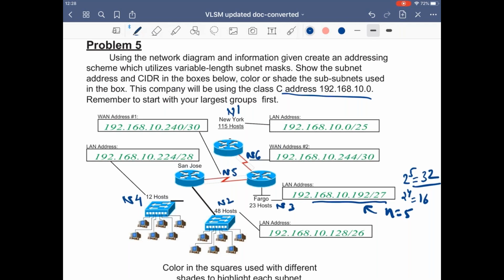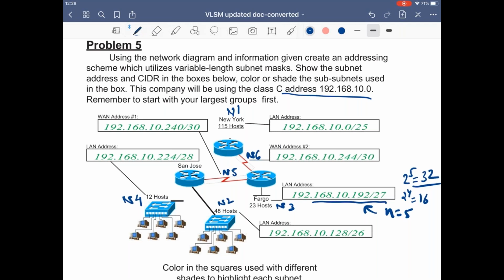The fourth network is 12 hosts. It starts from 10.224. Here we need 2 to the power 4, so 4 bits are on, 4 bits are off, 4 host bits.